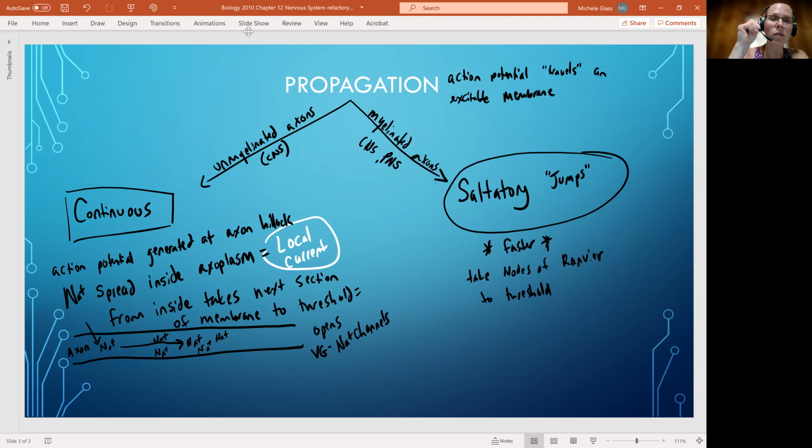So that means the sodium can come in, spread through those myelinated sections, and then reach an exposed piece of axon, which is the node of Ranvier, and open up those voltage gated sodium channels. Sodium can come in, sodium spreads through the myelinated section, that's our local current, and then it's going to reach that next node of Ranvier, and then it's going to do the threshold there, opening up those voltage gated sodium channels and so forth. So it's a repeat. Okay.